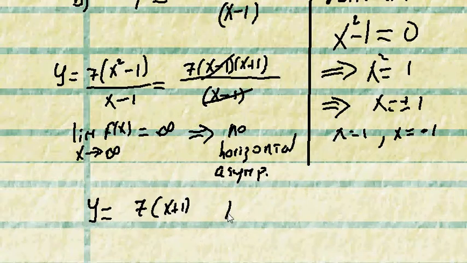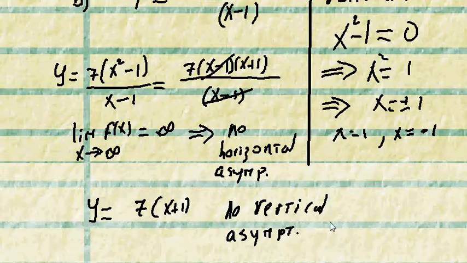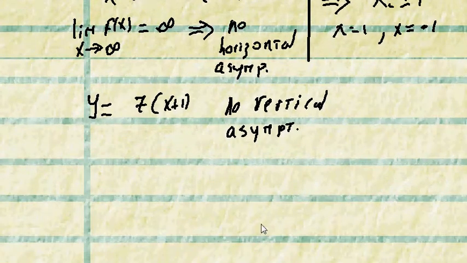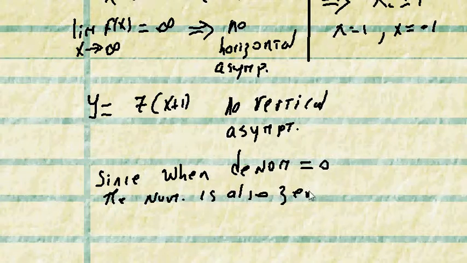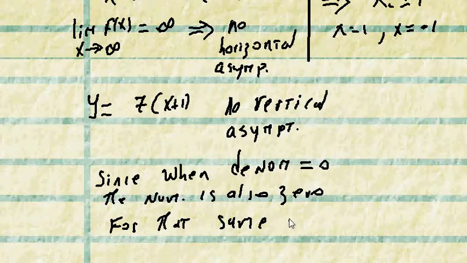So no vertical asymptote, right? Since when the denominator is equal to 0, the numerator is also 0 for that same x value.